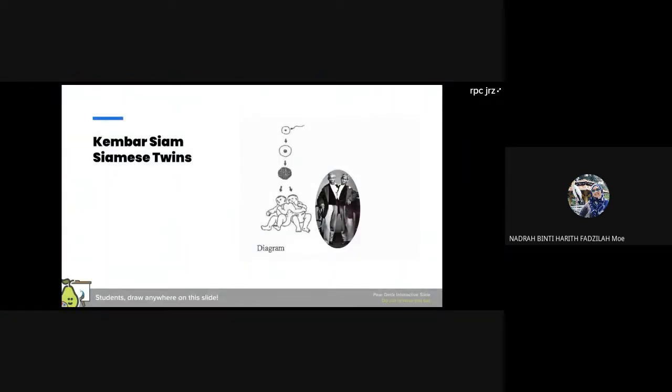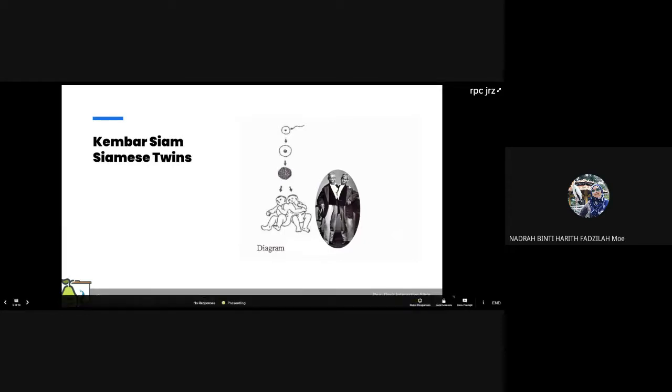So untuk Siamese twin, kenapa Siamese twin? Sebab the first recorded Siamese twin is this particular pair that comes from, masa tu kita Siam lah nama dia. Thailand tu nama dia Siam pada masa tu.